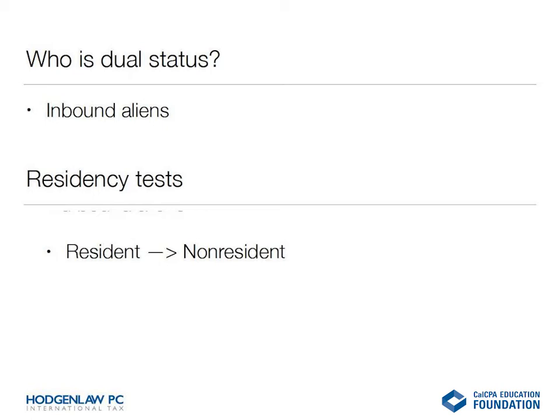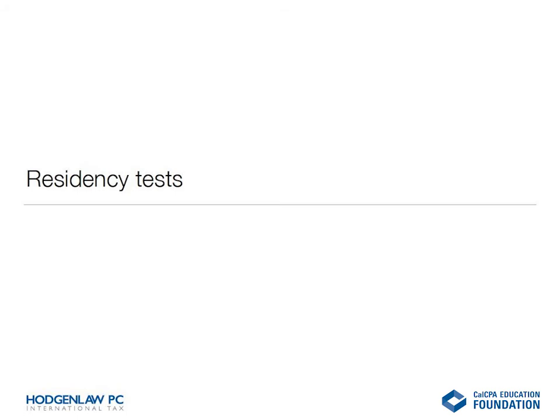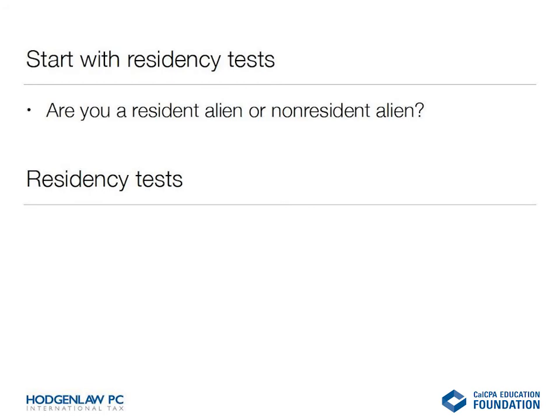To understand how you make the determination of exactly what day someone switches over from non-resident to resident status, or from resident to non-resident, it's necessary to have a good understanding of the residency tests that apply.